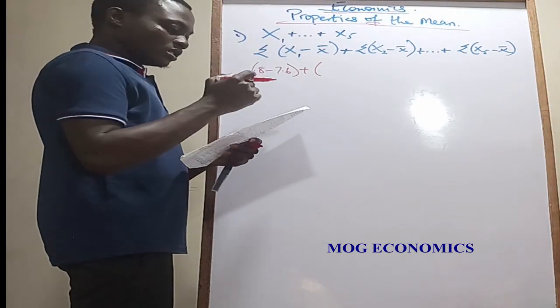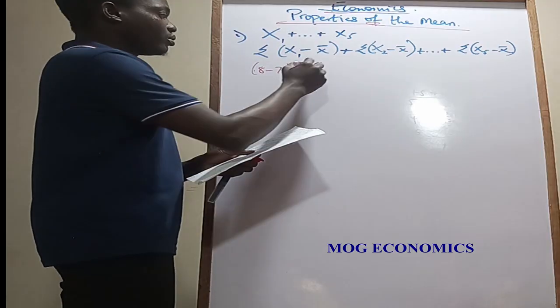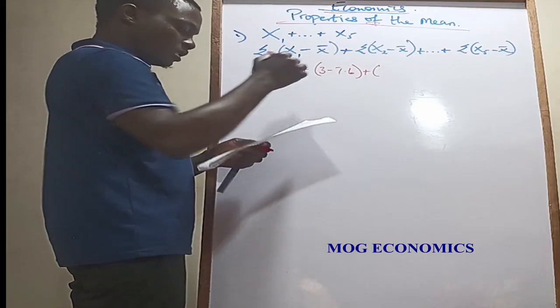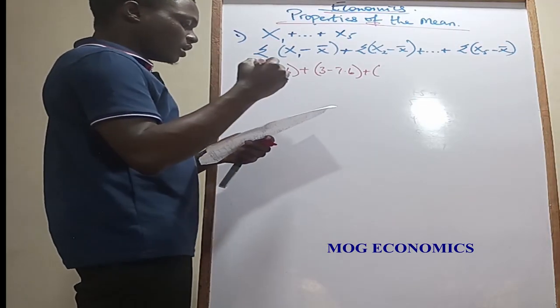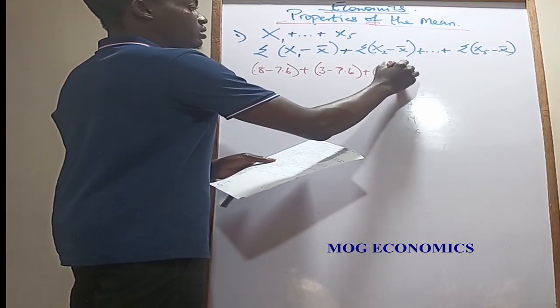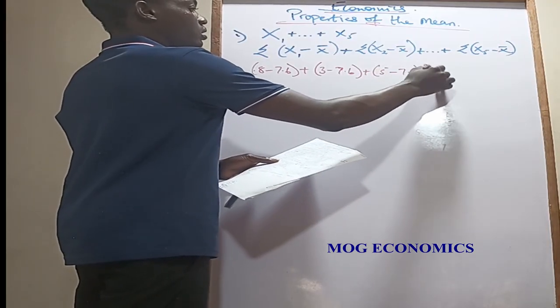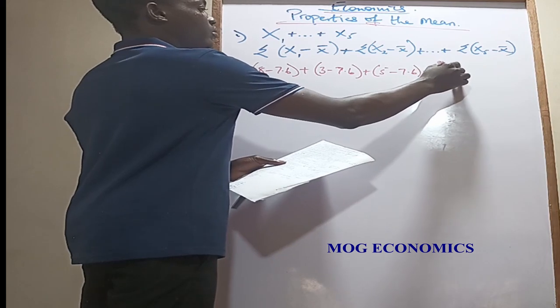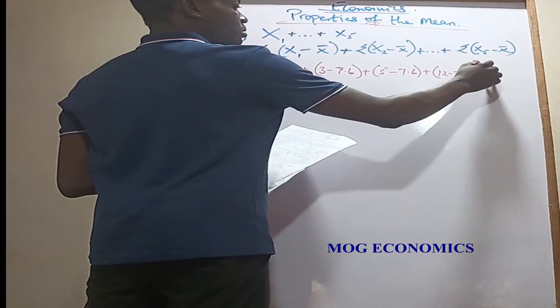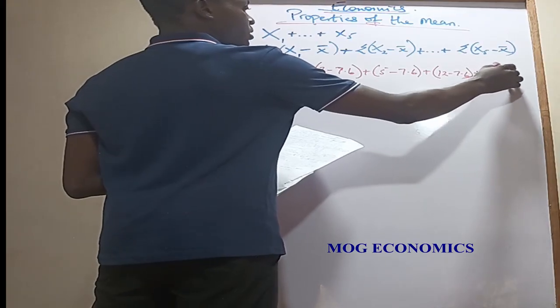Then the next one is 3 minus 7.6, then plus 5 minus 7.6, 12 minus 7.6, and 10 minus 7.6.